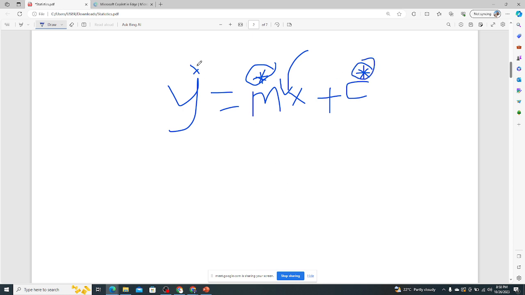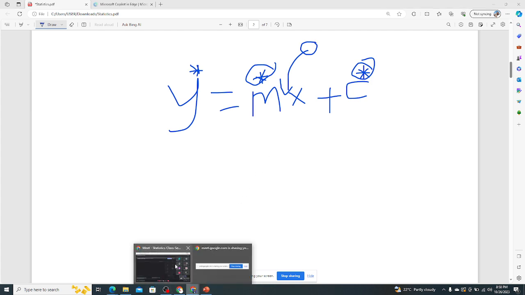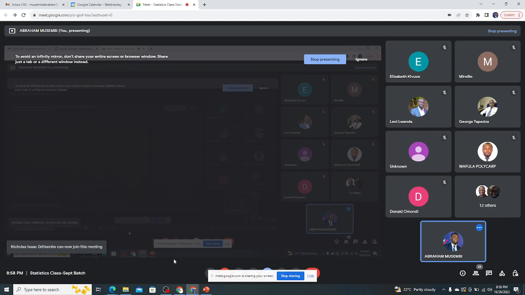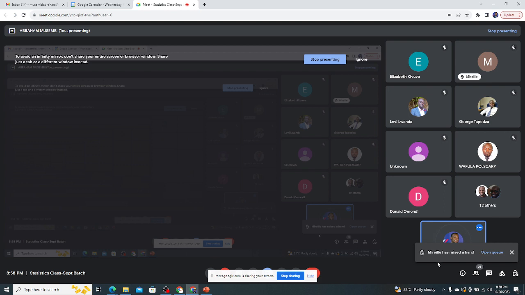So basically, in terms of regression language, what name is given to this variable x? Someone? In terms of regression, yes, independent variable.